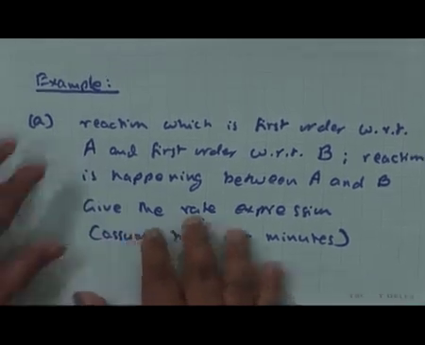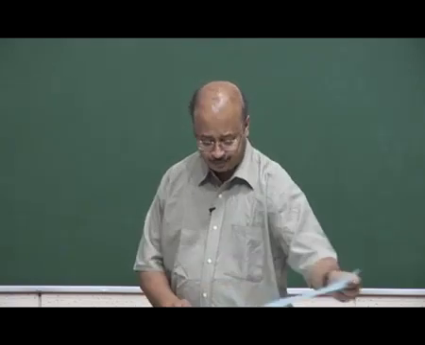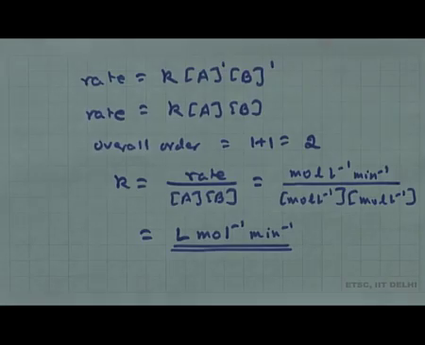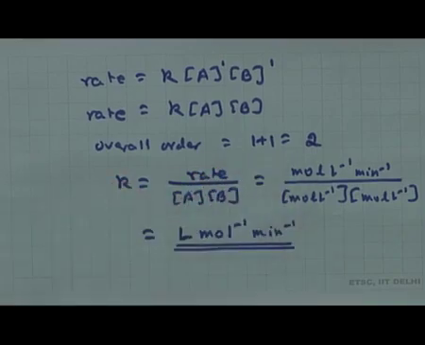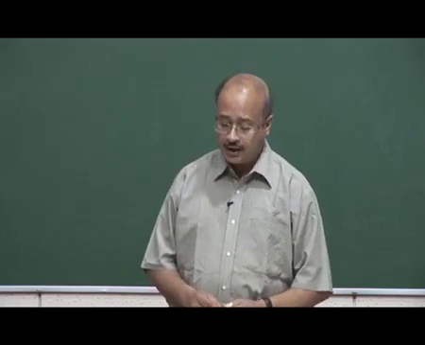This was the last thing we did yesterday, where we saw that rate is equal to k times concentration of A raised to the power 1, concentration of B raised to the power 1, then the overall order is 1 plus 1 equal to 2. The unit of rate constant then turns out to be the unit of rate over the unit of the concentration of A times the unit of the concentration of B, and hence this is what we end up with.